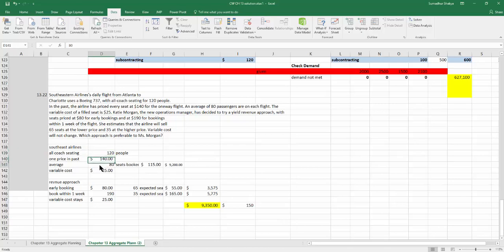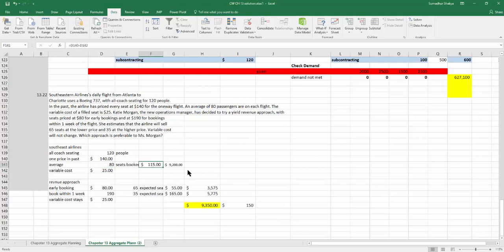On average, they book 80 seats there, so they make certain money off of every person, such that their variable cost is 25, which will stay the same, and by doing so they are able to make certain revenue.